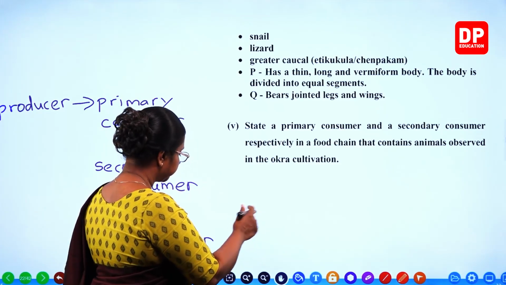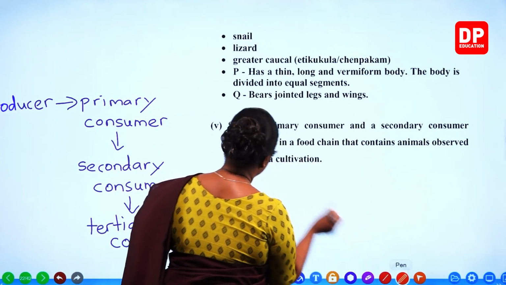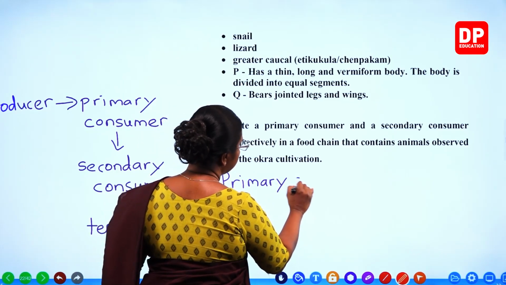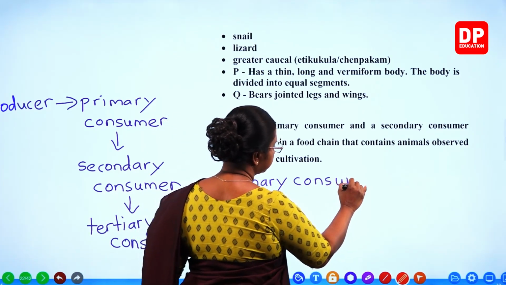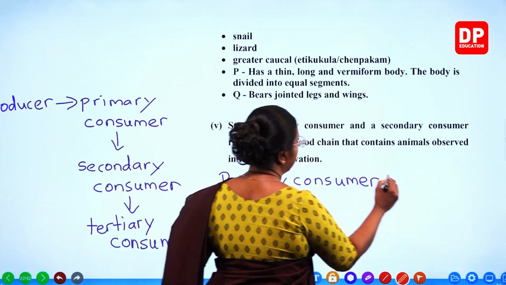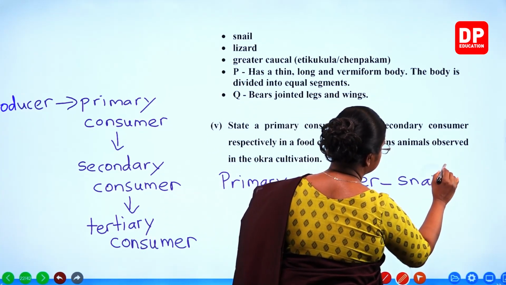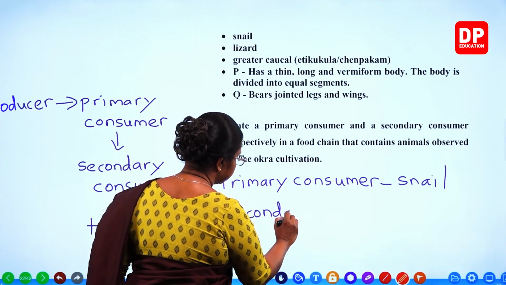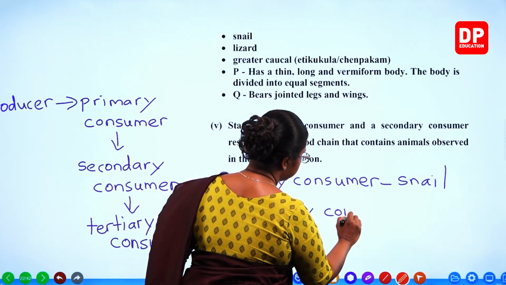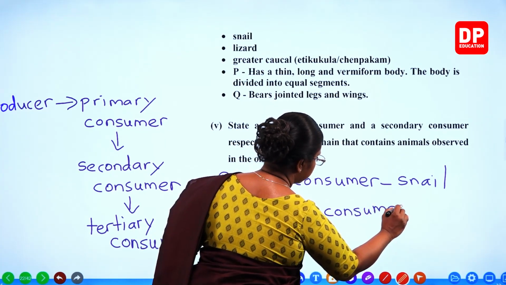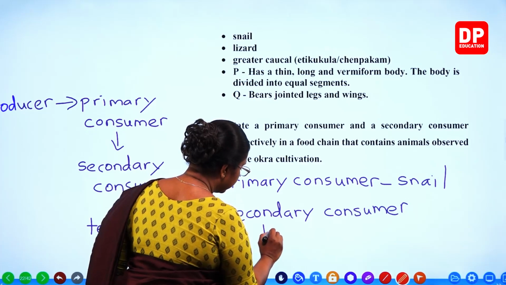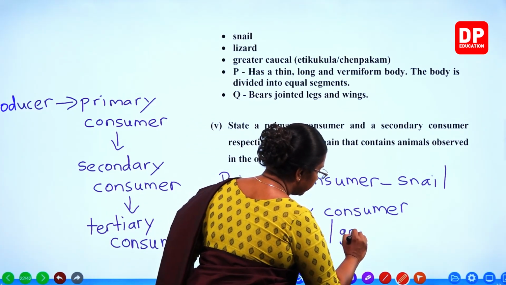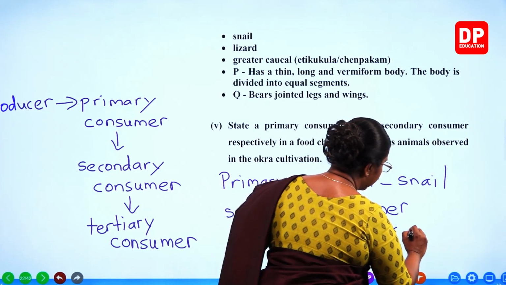So, there, if we write the primary consumer, we can write snail. Then secondary consumer can be either a lizard or you can write greater coucal.